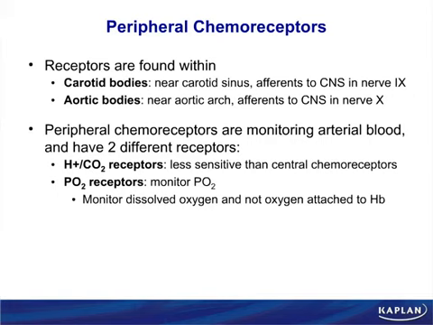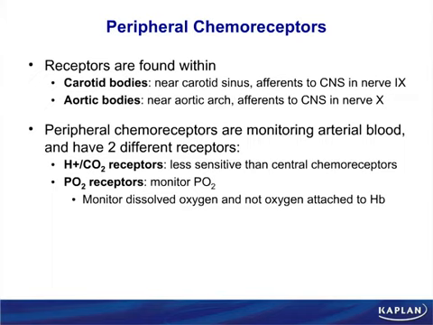Now notice this is PO2. This is the oxygen dissolved in the plasma. This is not oxygen content. So anemia is not a stimulus for breathing because PO2 is normal. All right, it is the partial pressure of oxygen.